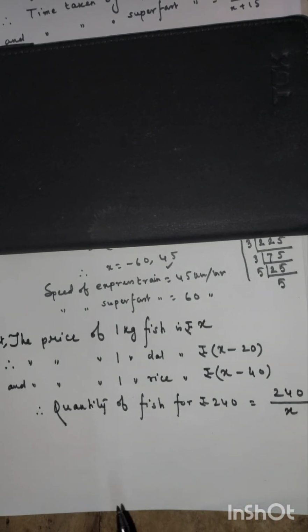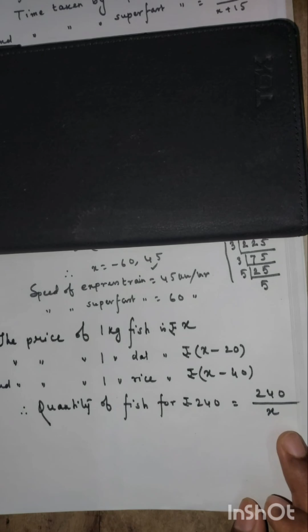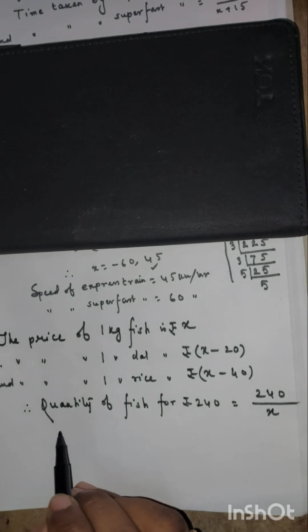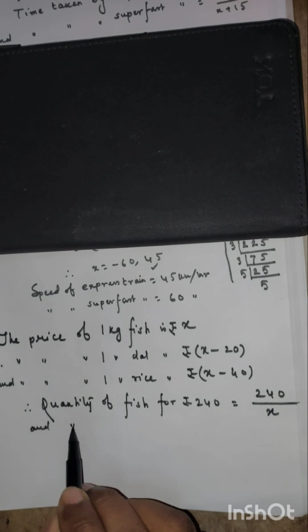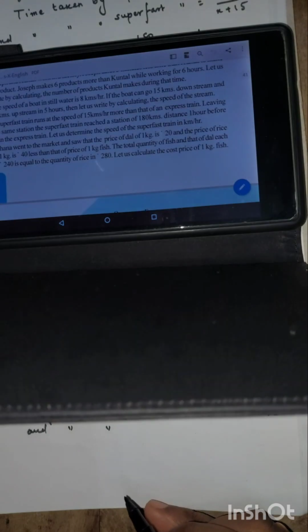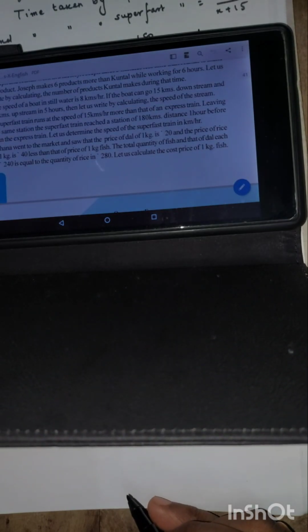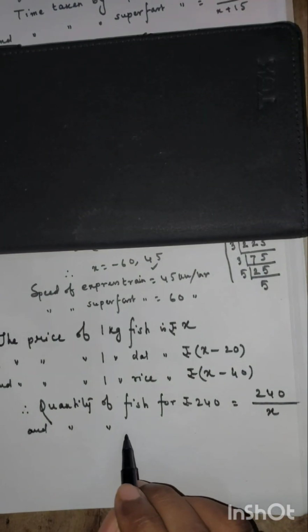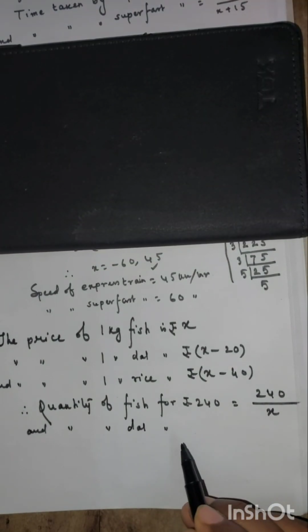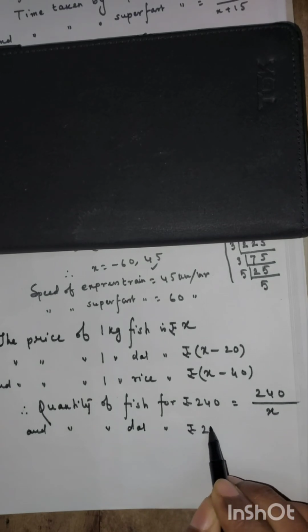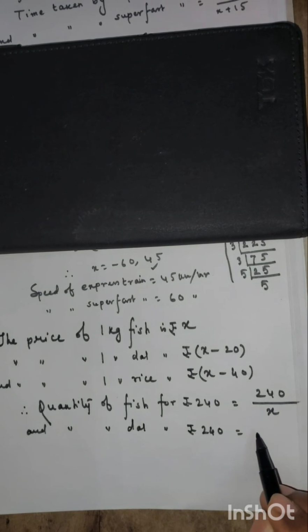So we are getting this quantity of fish for rupees 240. And the quantity of dal is 240 by price per kg.